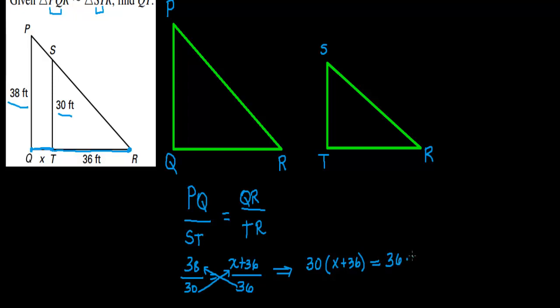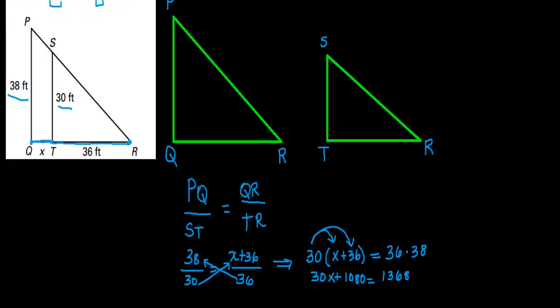So I'm just going to write it out for now, and then I'm going to use my calculator to figure this out, okay? Using the distributive property, 30 times x, that will give you 30x, and 30 times 36, that will give you 1080. And 36 times 38 is 1,368. You see these big numbers? We could have avoided these big numbers if we would have simplified this, but since we're using a calculator, it's not that bad.